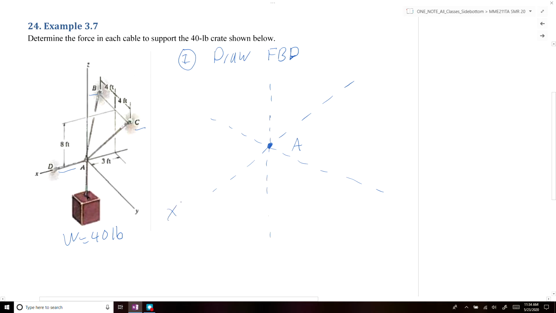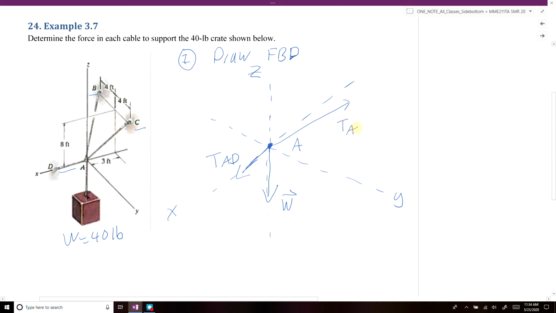We'll draw our X, our Y, and our Z axes, and then we'll draw our weight vector, and then we'll draw our 3 cables. So we'll do TAD, our cable that goes from point A to point C, and our cable that goes from point A to point B.